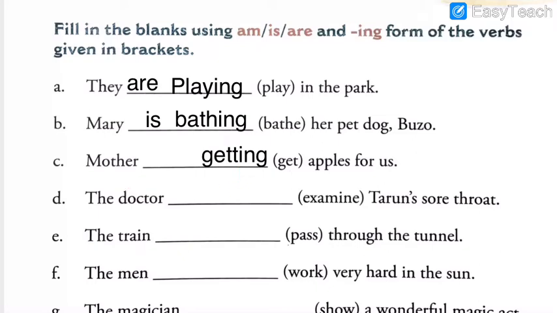So mother is getting apples for us. Now mother, that means again one noun, singular. So whenever there is singular, do we have to use are or is? Obviously is. Mother is getting. This is the answer. Students, I hope that you also are writing the answers.